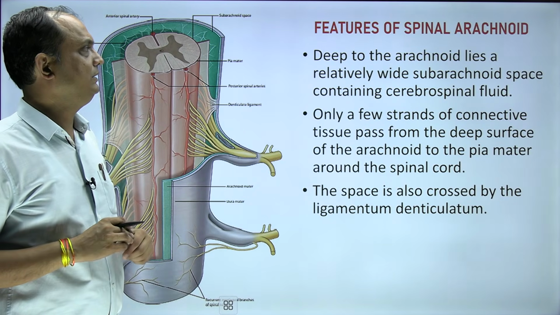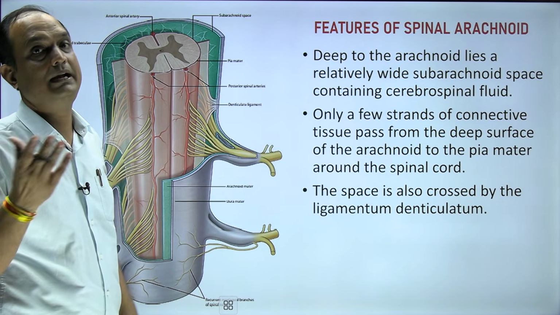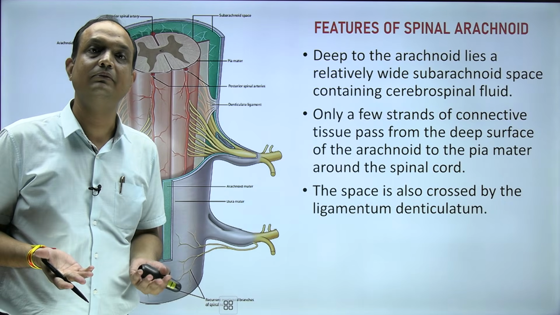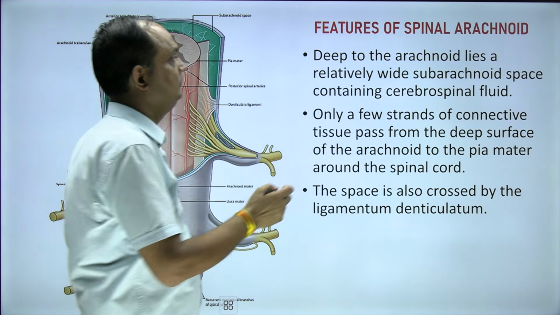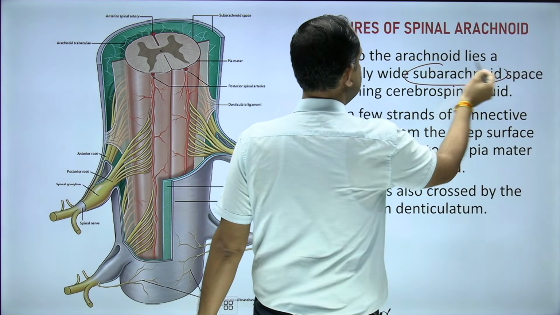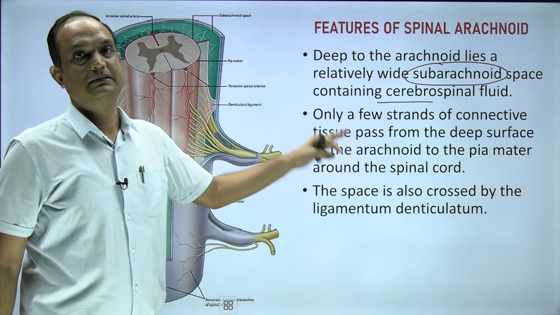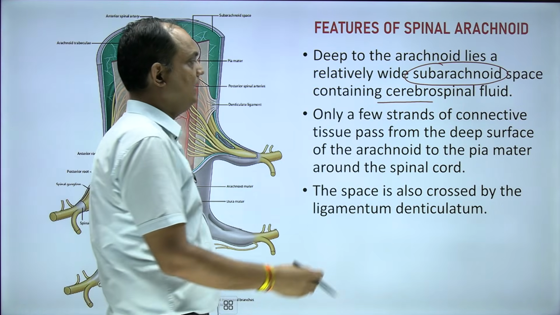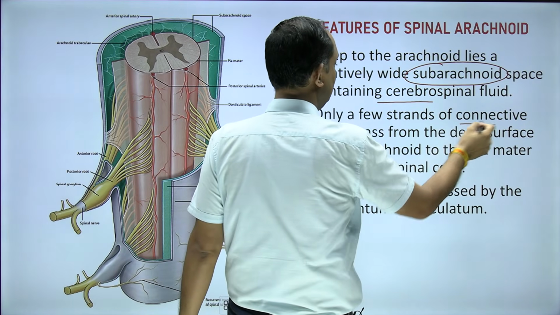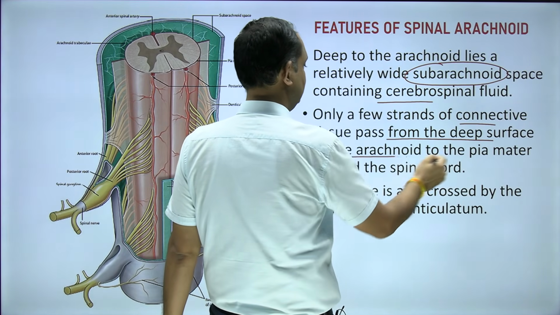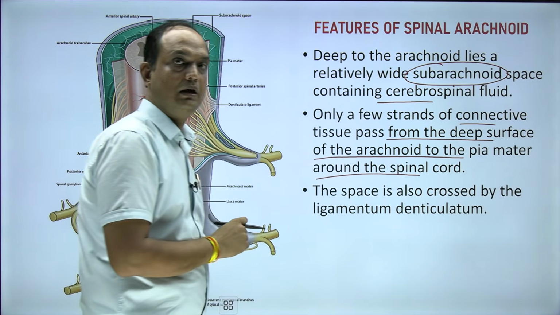So deep to the arachnoid, you will have the subarachnoid space. Outside the arachnoid, you have subdural, and deep you will have subarachnoid space, and you know it is having CSF, and this space is having only a few fibers of connective tissue which connect the deep surface of the arachnoid to the pia mater around the spinal cord.